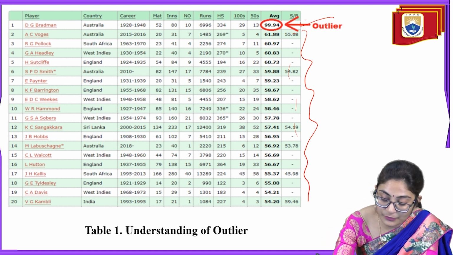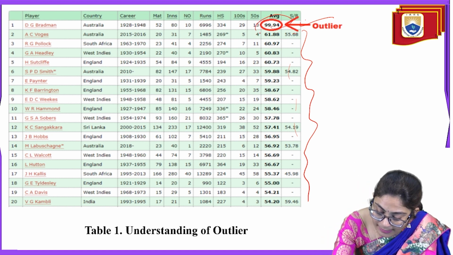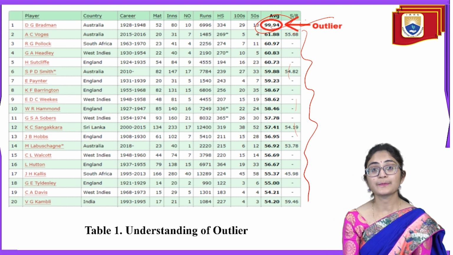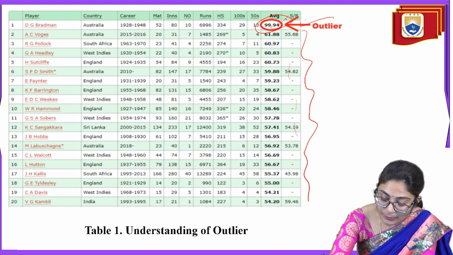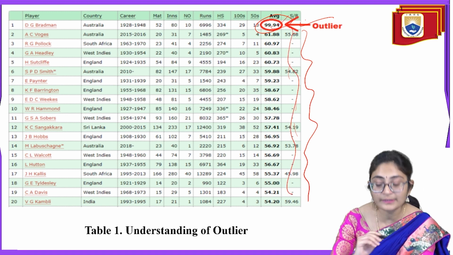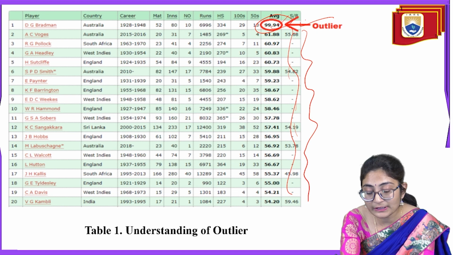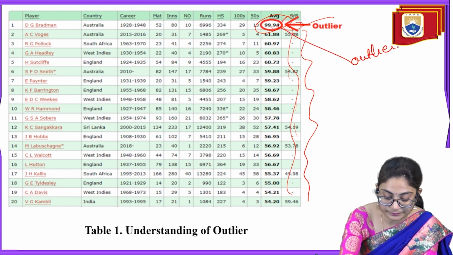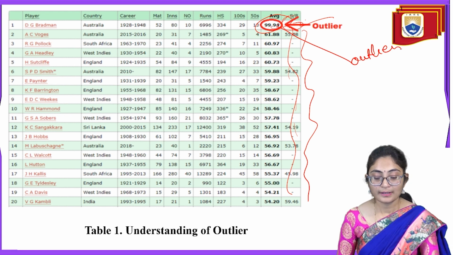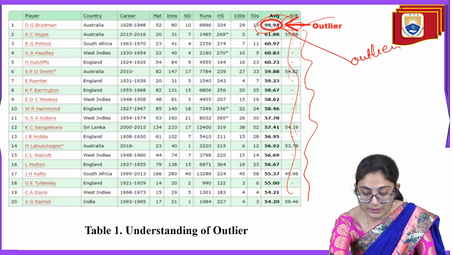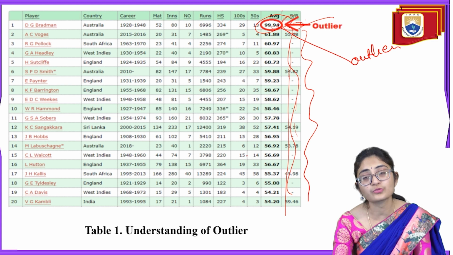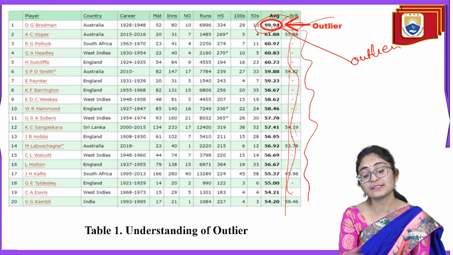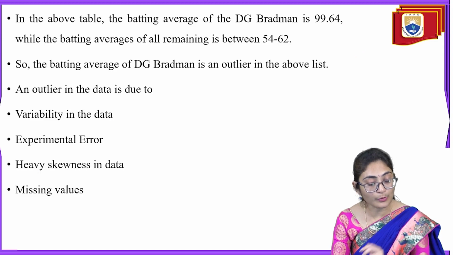But when you see the 99.94 average, it is totally different. This value is not close to the other values. So that value is an outlier. When you observe these average values, every value is close to each other, but this value is totally different. That's why it's an outlier.